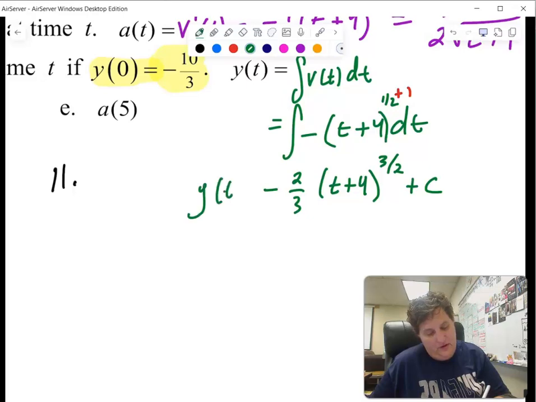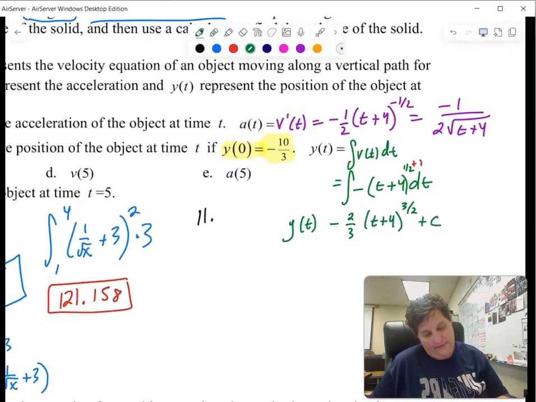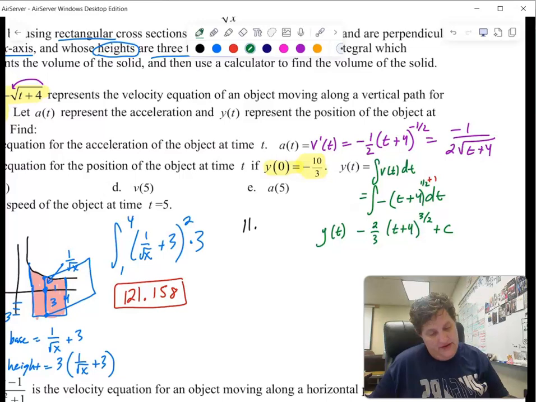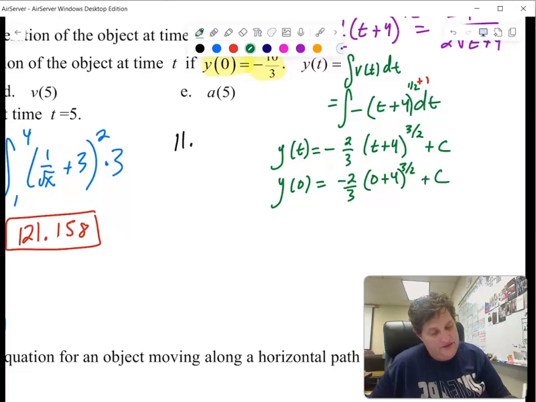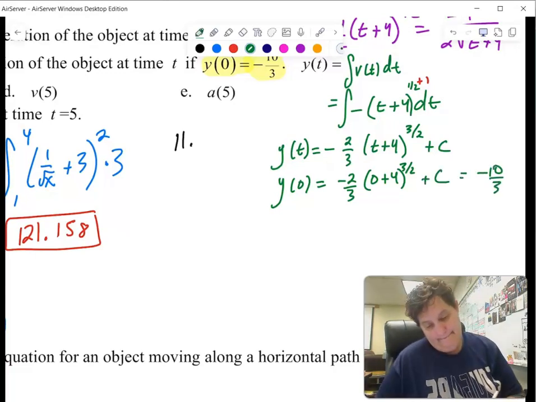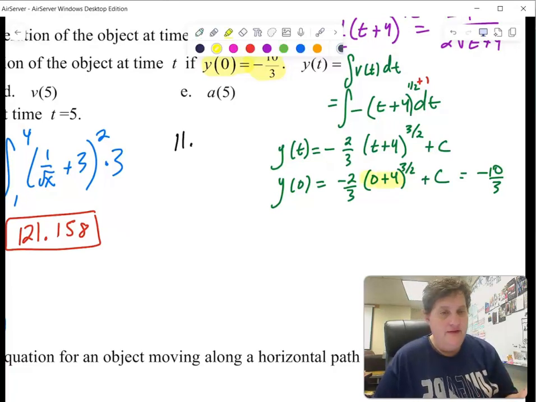It told me to call it y of t. Y of 0 is -10/3, so I'm going to find c now. So y of 0 is -2/3 times (0 plus 4) to the 3/2, plus c, and that's supposed to equal -10/3. 0 plus 4 is 4. 4 to the 3/2, we already did that.